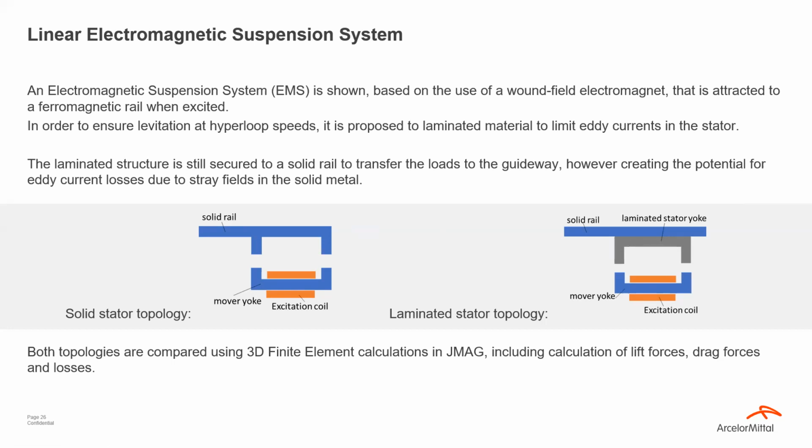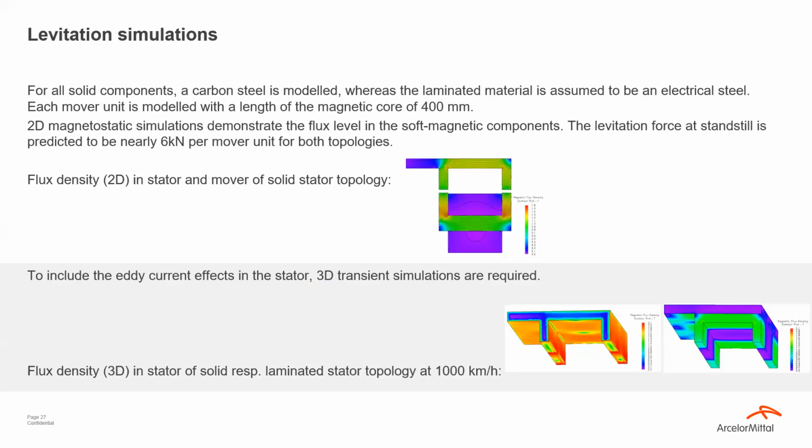Then we've gone into the modeling of the solution. We've seen that the flux densities can be fairly high here, especially in the corners of these electromagnets.